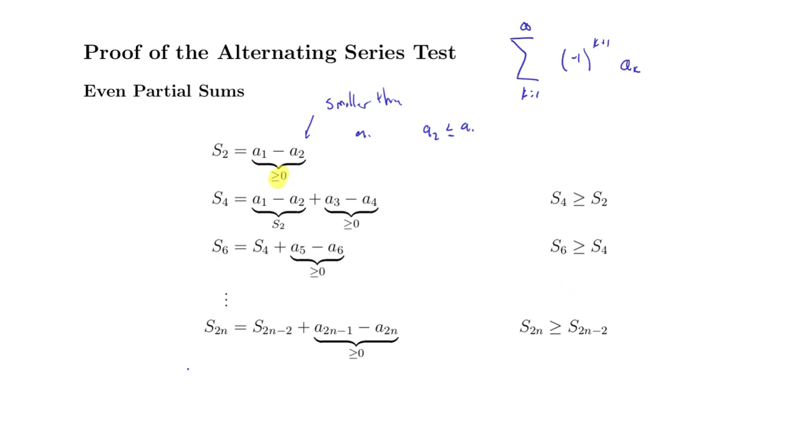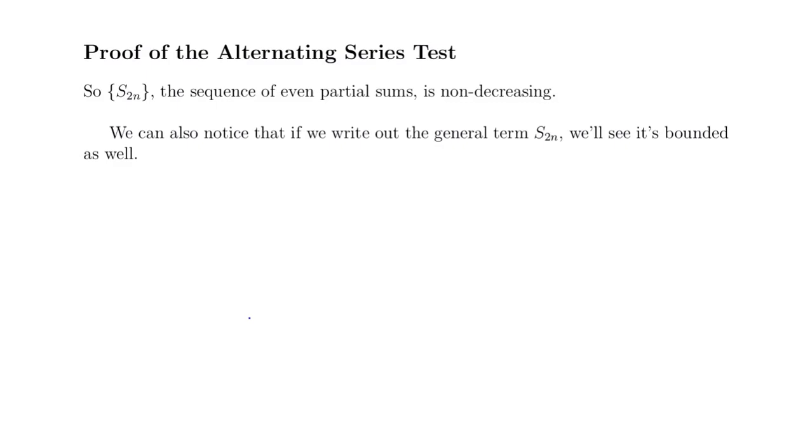And that means s sub 2n is going to be greater than or equal to s sub 2n minus 2, which is not the original, but the preceding term in the sequence of even partial sums. So now we're considering this sequence, and what we've found is that each term is a little bit bigger than the one before it. So that means the sequence of even partial sums is non-decreasing. Cool. Specifically, we'll say monotonic.